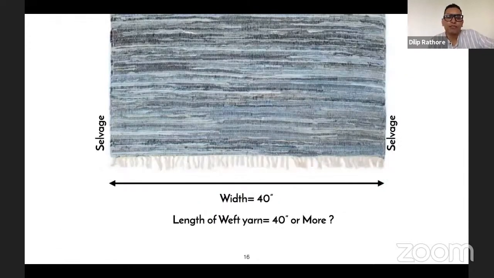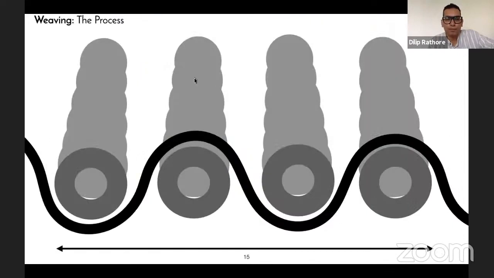So that means the weft can stretch and the warp cannot stretch compared to the weft. Why? Because the warp is put first in the loom and it has already been stretched, and especially weights are put so that the warp stays straight.